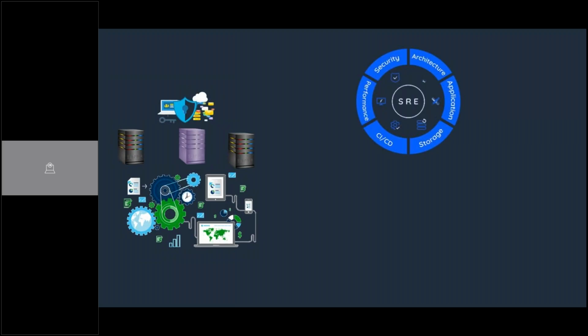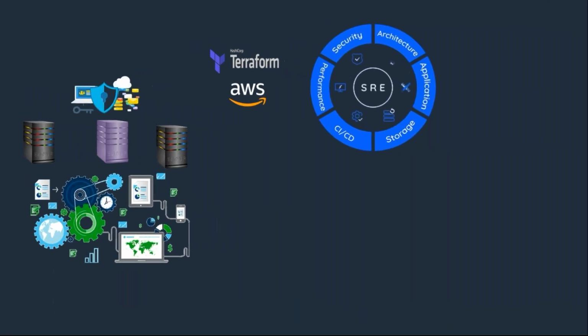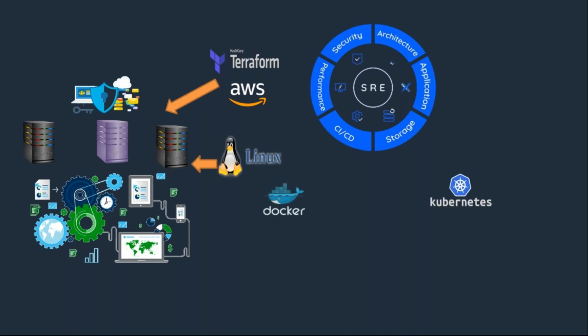Well, obviously the next question you may have is what are the major tools that we cover here. Terraform is the automation engine for the AWS cloud environments that we are using here. So we pretty much focus on Terraform, AWS, Linux, Docker, and Kubernetes.